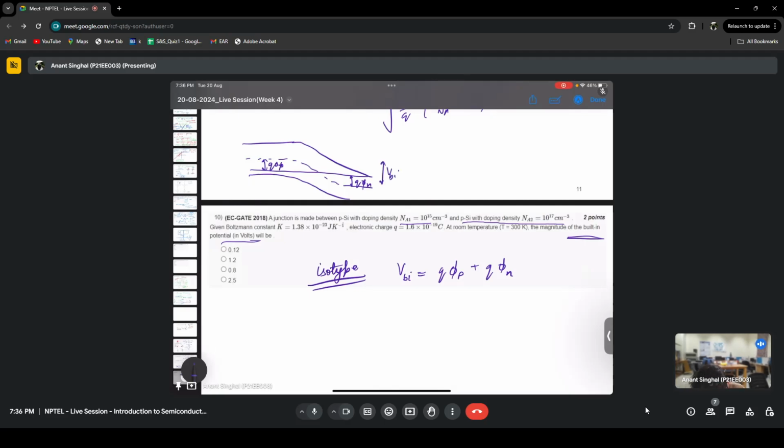So if I take a P P-plus junction, what will happen, as we have just drawn the band diagram? Let's say this is the Fermi level. We will have some q phi p here, and we will have the q phi p in the same direction.